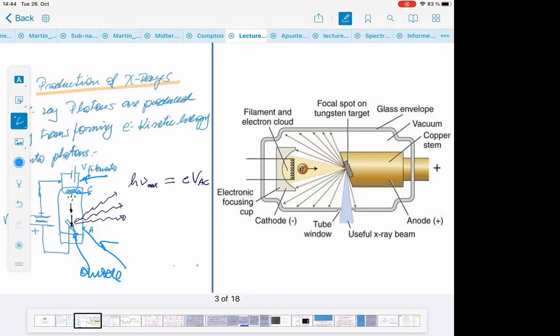Okay, in the right part of the view graph here, we have a better model of the drawing. This is usually a material that serves as a good heat conductor, because when electrons collide with the anode, there's a lot of heat dissipated, and you can actually melt the material if you're not careful enough, or the current is too high, or the voltage is too high.